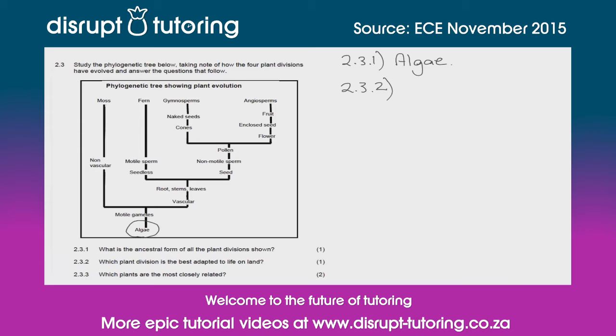Which plant division is best adapted to life on land? Now, if we have a look at the last 2 groups here, the gymnosperms and our angiosperms, we can see that the angiosperms have a bit more features than the gymnosperms. Where the gymnosperms have naked seeds and cones, the angiosperms have the fruit, the enclosed seeds, and the flowers.